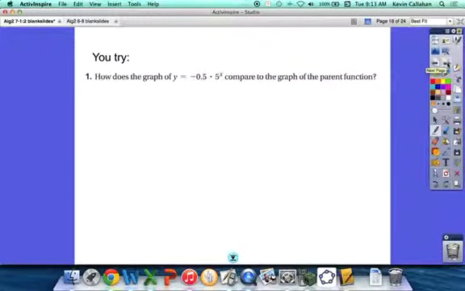So do the same thing for this. Just describe what is going on. What is the parent function and what is going on by what they're doing to it.